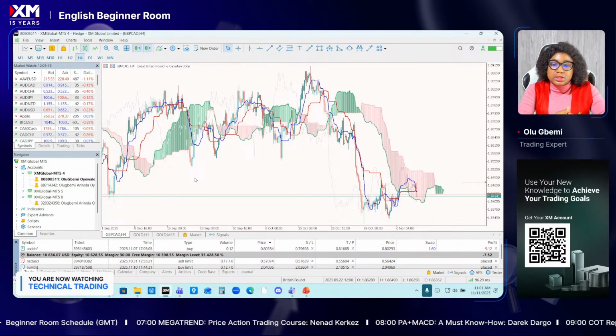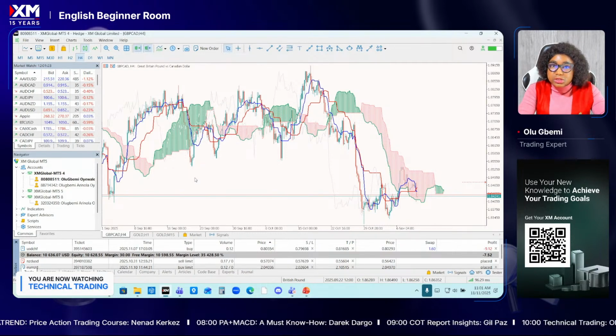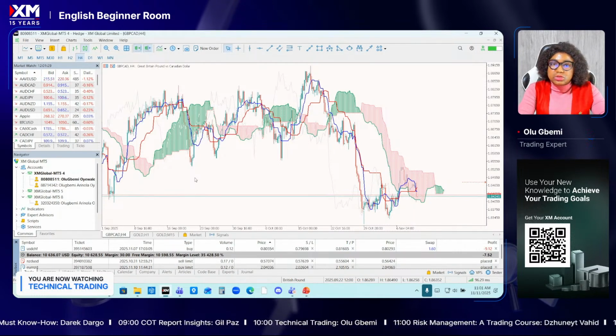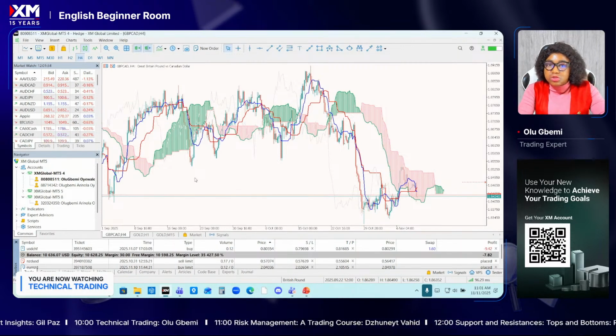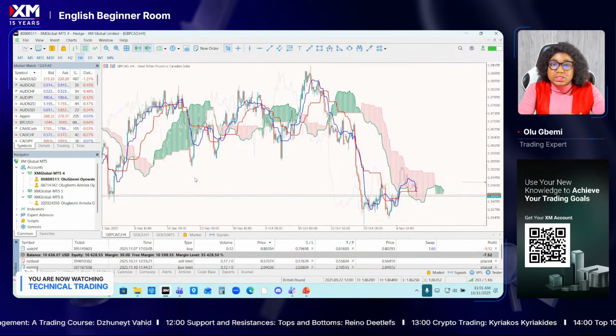You can decide that you'll be basing your strategy for finding trades on candlesticks, the way the candles are moving, the whole HLC of the candle, or you decide, okay, I'm looking for chart patterns, double bottom, tops, head and shoulders, and all that, or pure price action, or even indicators.